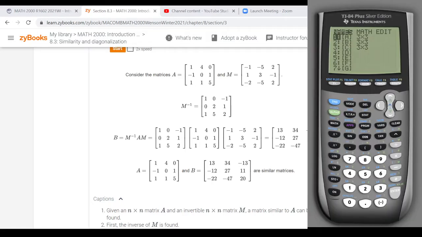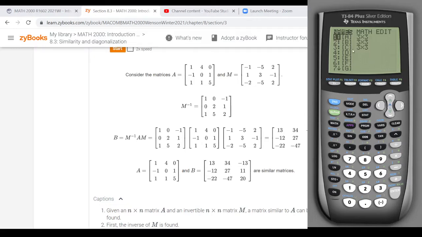Okay, so up on the screen has popped my calculator. And in this I have created a matrix A. That's a 3 by 3, which is this matrix A here in the activity with the 140, negative 101, and 115 rows. The matrix B in my calculator is this matrix B in the activity with the 13, 34, negative 13, negative 12, 27, 11, negative 22, negative 47, and 20 rows.